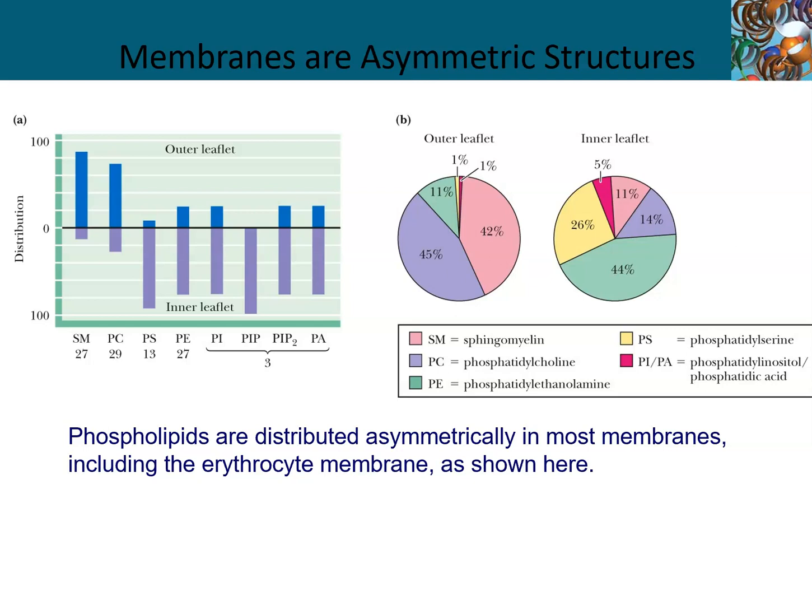And now we're going to have to get to this in a minute, but maintaining this asymmetry takes energy. It's very deliberate. This doesn't happen spontaneously because lipids can flip from one side of a leaflet to another. It happens rarely, but it happens often enough where things will tend towards an equilibrium, right?